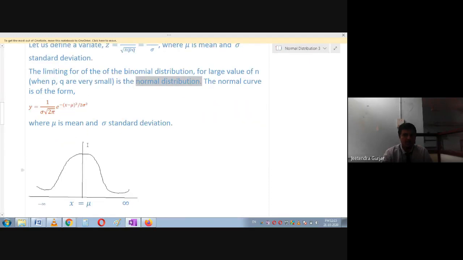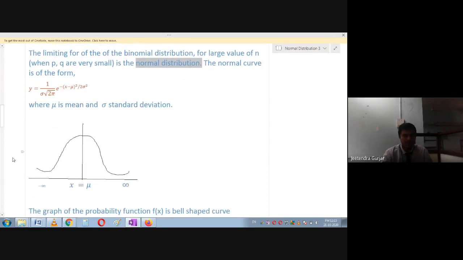If you see this normal distribution curve, it goes from minus infinity to infinity. Then x is equal to mu, that is the mean. If you take this curve, the tip of the curve is taken as the mean, and the curve is given by y is equal to 1 divided by sigma square root 2 pi, into e raised to minus x minus mu the whole square divided by 2 sigma square.